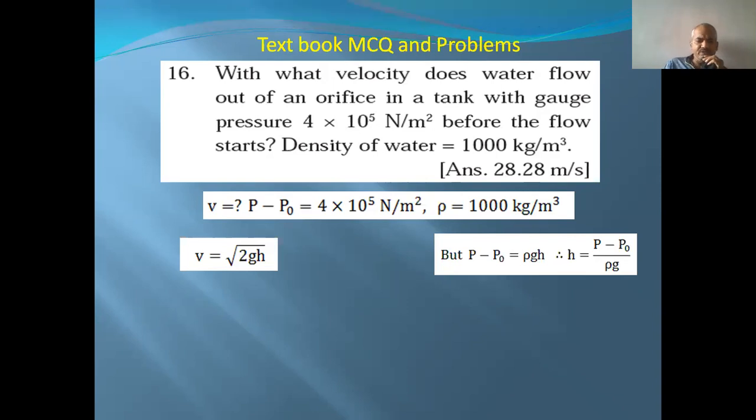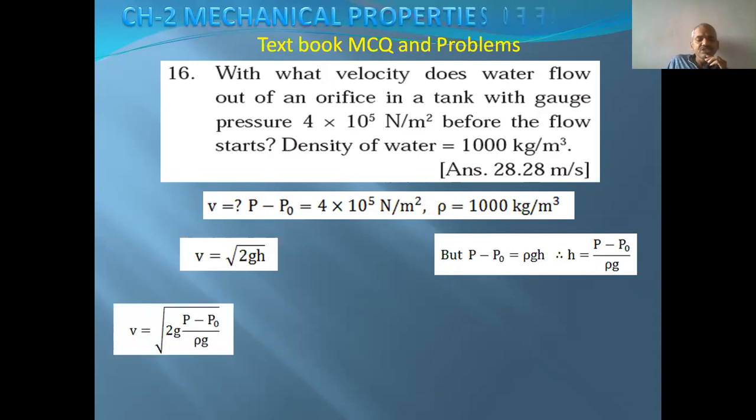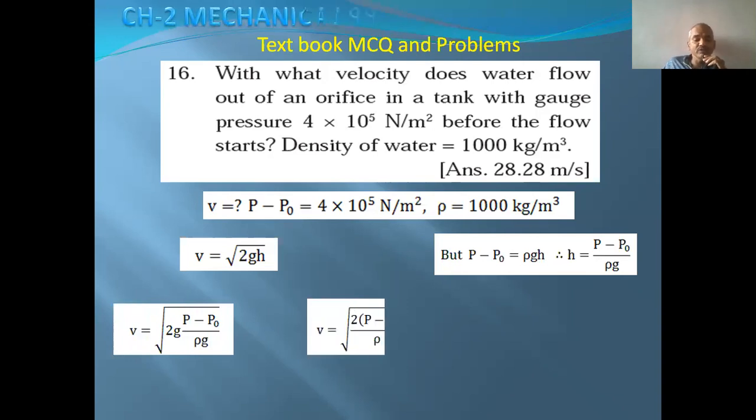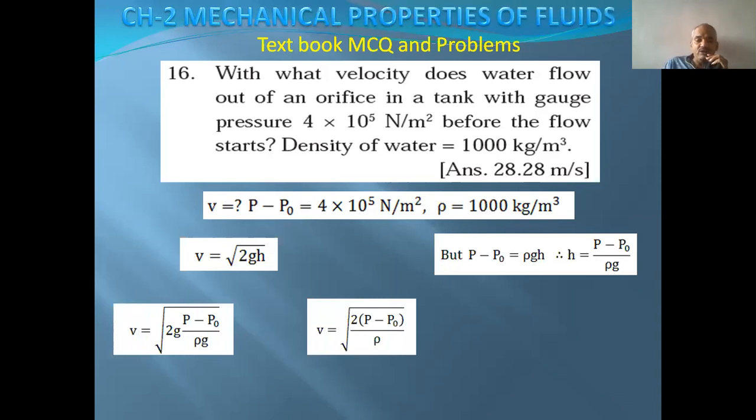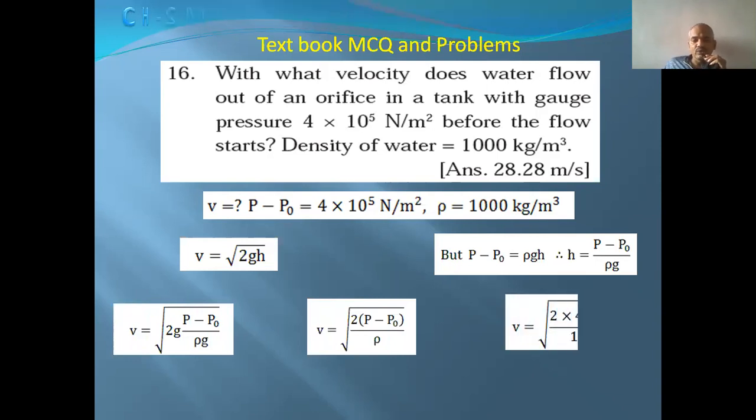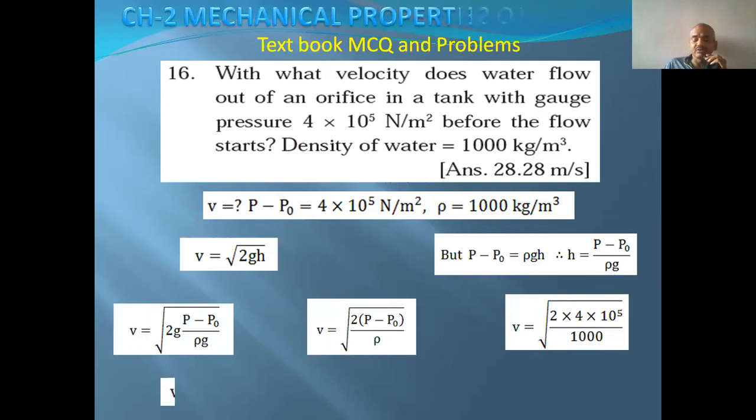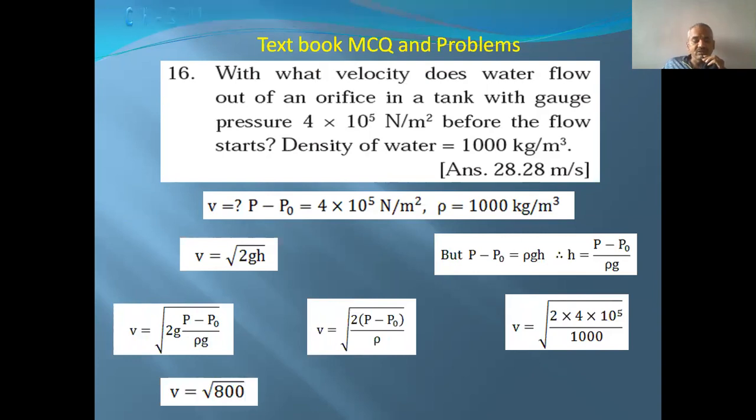If we substitute this value of H in the relation for velocity, you get under root of twice g into (P minus P0) divided by rho g. G gets cancelled, and the final formula for velocity is under root of twice into gauge pressure divided by rho. Just substitute the values for gauge pressure and rho in this relation. You get the velocity as square root of 2 into 4 into 10 raised to 5 divided by 1000, which is the square root of 800.